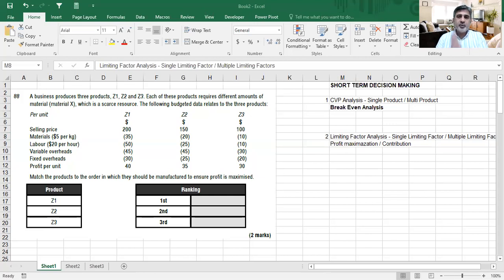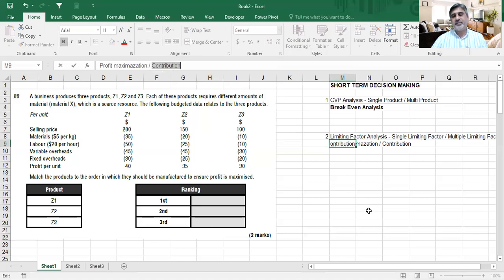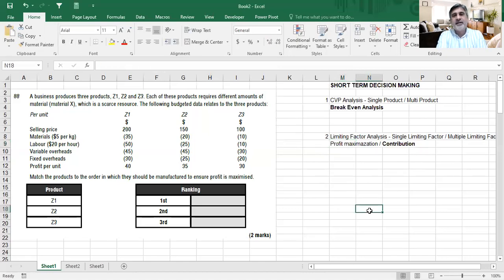So while using these limited resources, you need to maximize your profit or contribution. And I said that it is more about contribution maximization and not about profit maximization. Why do I say that? Because in short term, your fixed costs remain same.